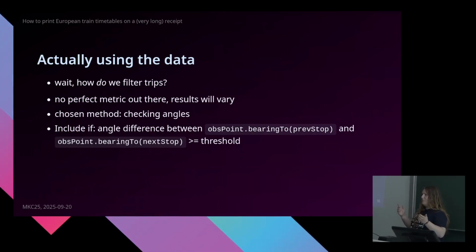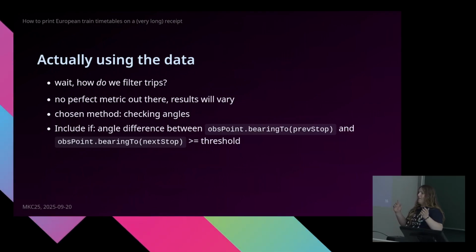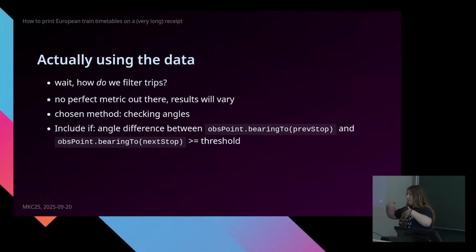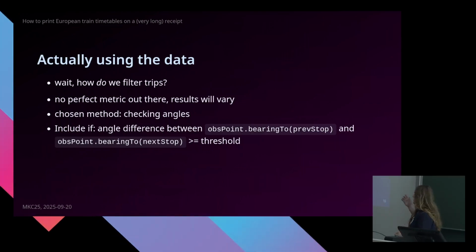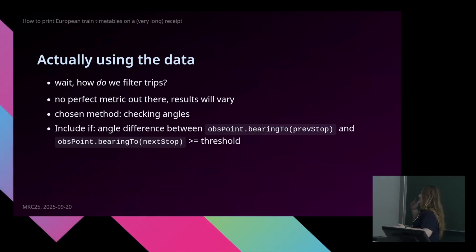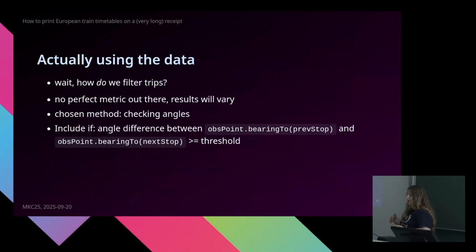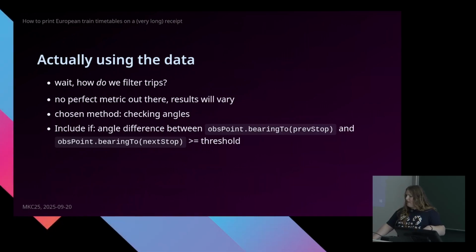But if the two points are basically at one and the other end of our observation point, then the angle we get from the two bearings is going to be very much bigger. There's a bit of fine-tuning with the thresholds. It depends on the actual basis. This isn't the only way of doing it. There's other methods out there.